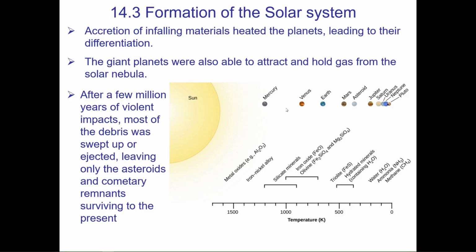As we progress, you will see that the planets start to pick up some lighter material like silicon, the rocky material, and as we go further and further away in the solar system, with a decrease of temperature, it is easier for the planet to keep the gas around.